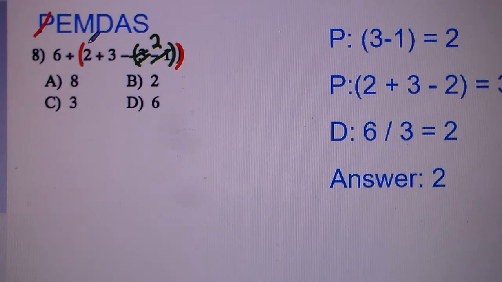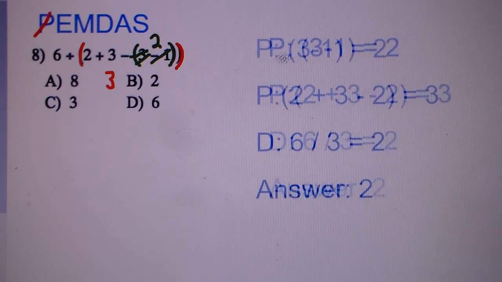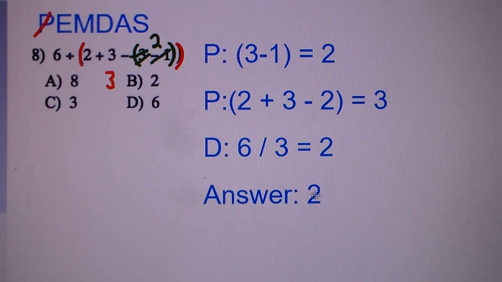So inside the red, 2 plus 3 minus 2. Well, 2 plus 3 is 5. 5 minus 2 gets you 3. So that whole red set of parentheses is just the value of 3. Now 6 divided by 3 gets us 2, so our answer is 2.